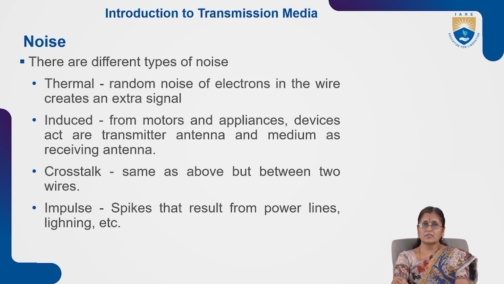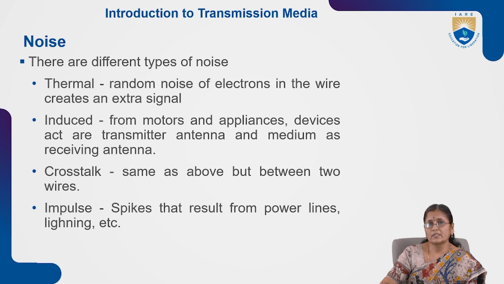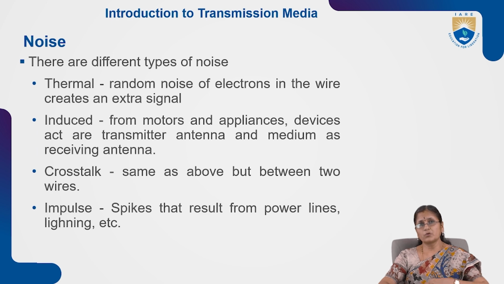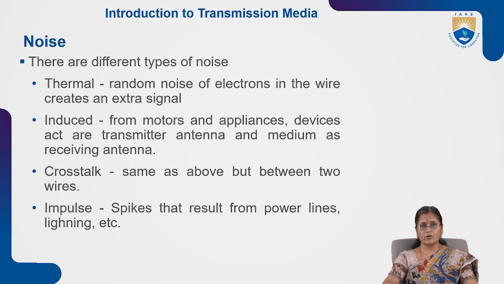Suppose both signals collide, because of that there occurs a crosstalk. When both signals are transmitted at a time, no one will receive it properly. There will be an unwanted signal added. If the noise is created between the two wires, we call it crosstalk noise.